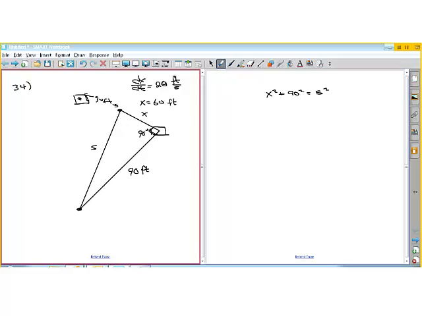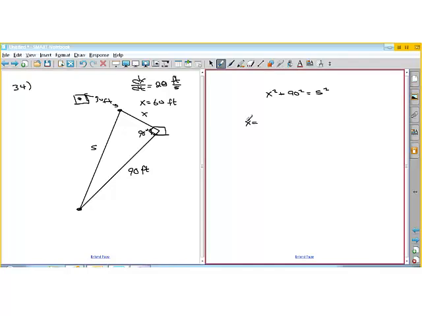So we're going to need x, which we know, 60 feet. We're going to need dx/dt, which we know, 28 feet per second. And s, well, we know s, because we know x.